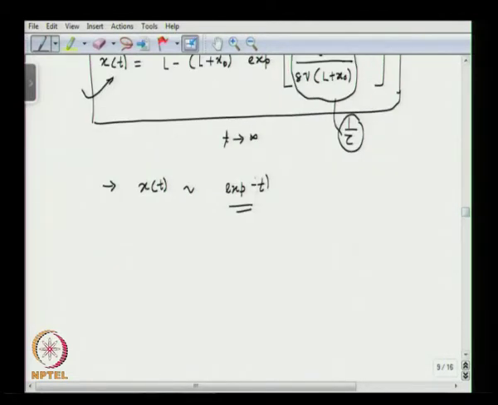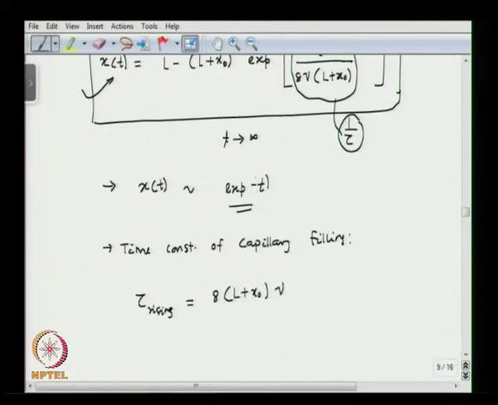So, we can define a time constant of capillary filling, okay. So, tau is equal to 8 into L plus x 0 nu divided by r square g.